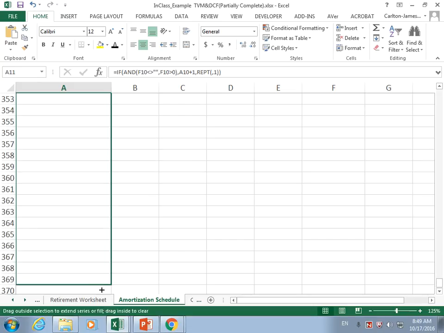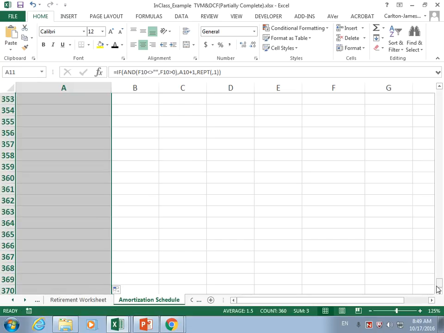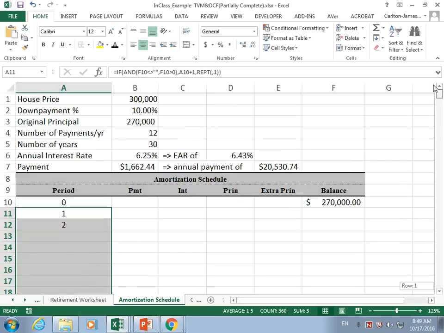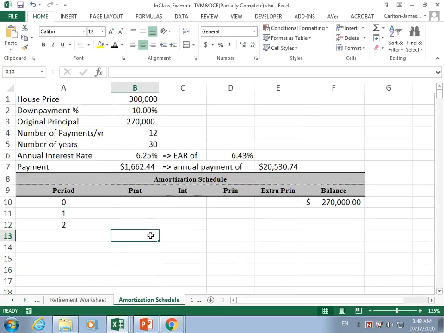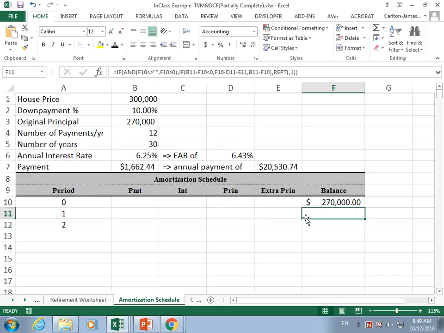So we're going to assume then that that's the 370, maybe 361. So we're going to assume 30 years is sort of the maximum. But now, of course, you'll see what happens if this wasn't blank.